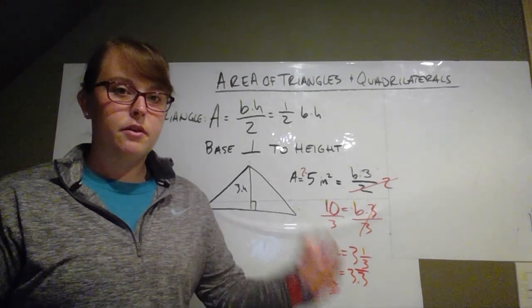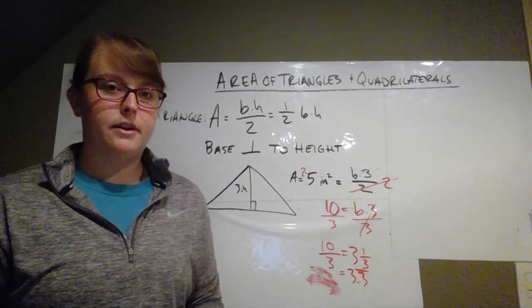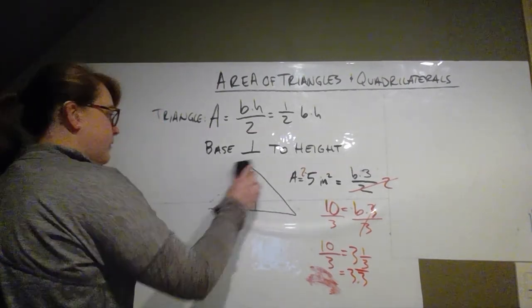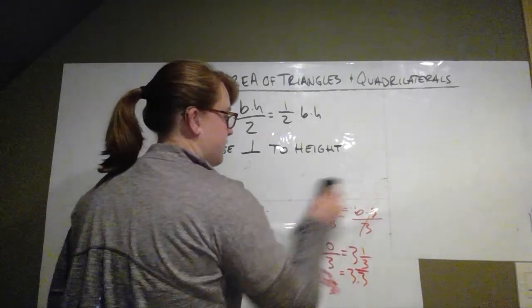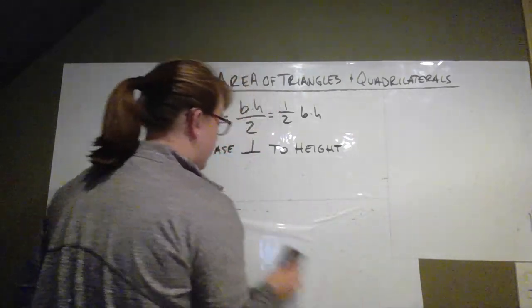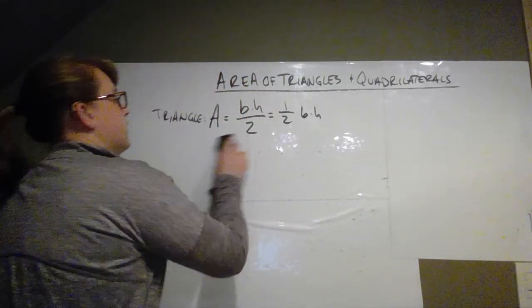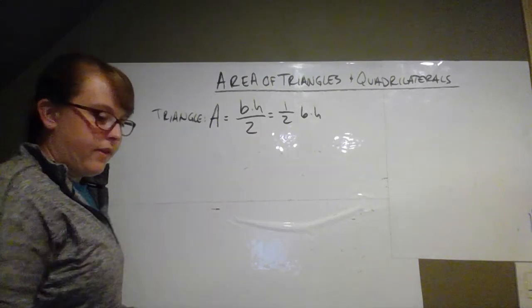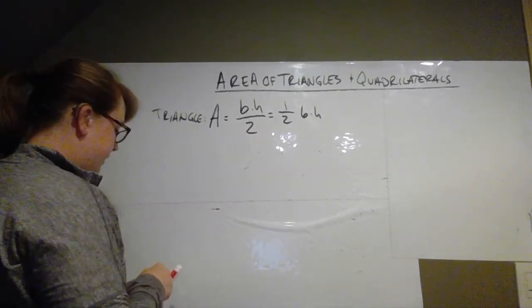Okay, so let's go through some of the other area formulas that you're going to be asked to use today. Okay, so there's our triangle one. We'll leave that there. Next one that we want is for squares.